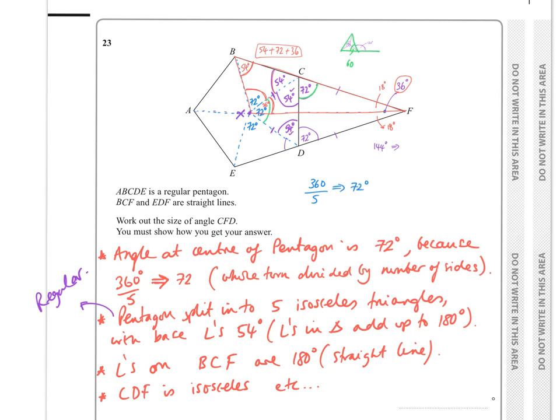So there's plenty of ways of addressing it. Just try and attempt to write things in some kind of good progression using words like isosceles, regular, talk about the pentagon because that's in the question, and things like angles on a straight line or angles around a point in a whole turn, for example. Try and get those things down. Takes a long time, but it is worth it.